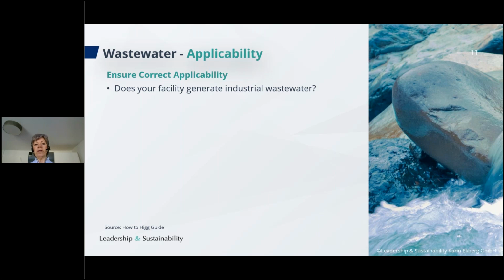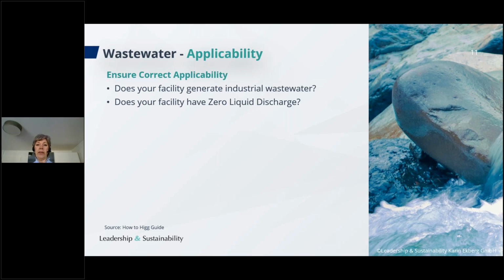So does your facility generate industrial wastewater? I guess that most facilities, all facilities should have domestic wastewater. And Higg FEM also assumes that you have domestic wastewater. But then the question is, do you generate industrial wastewater? Does your facility have zero liquid discharge?